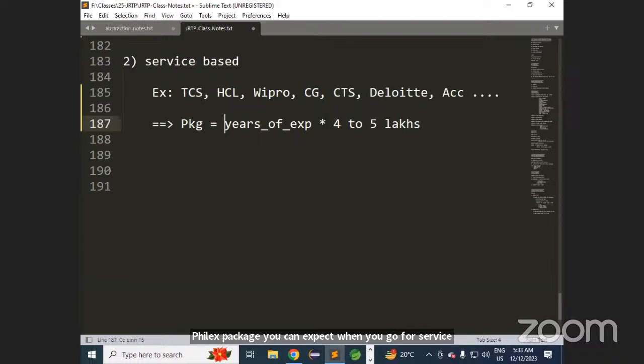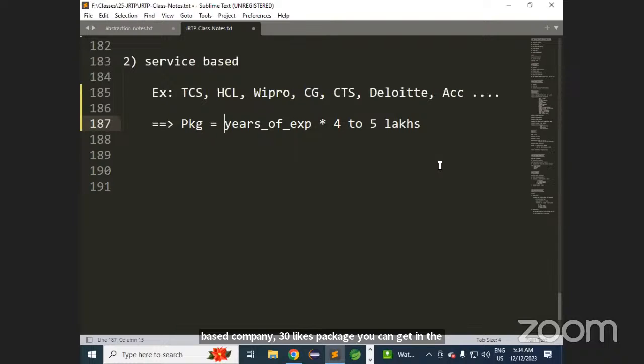So if you go to TCS, for three years experience in TCS, you can expect 3 multiplied by 4, 3 multiplied by 5. So 12 to 15 lakhs package you can get for 3 years of experience in a service-based company. If you have 3 years experience and go for a product-based company, you can get a 30 lakhs package. In a service-based company, 12 to 15 lakhs package you can get.